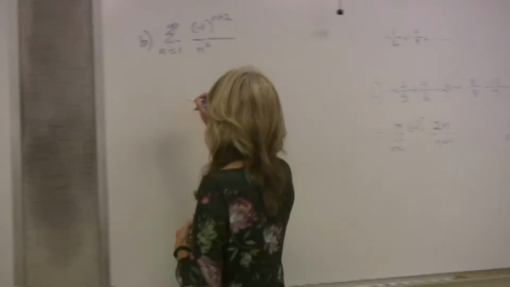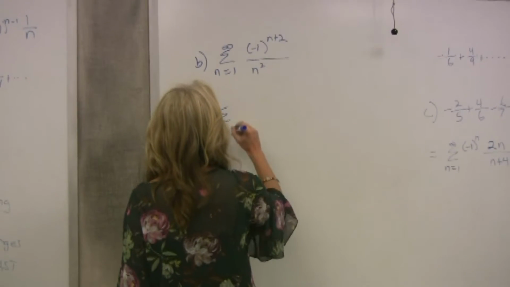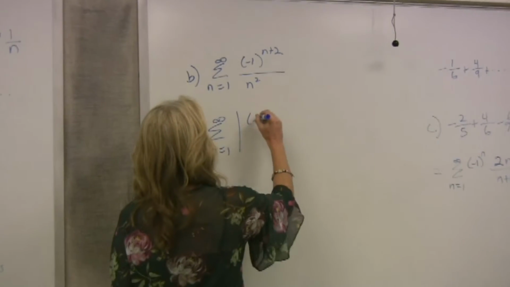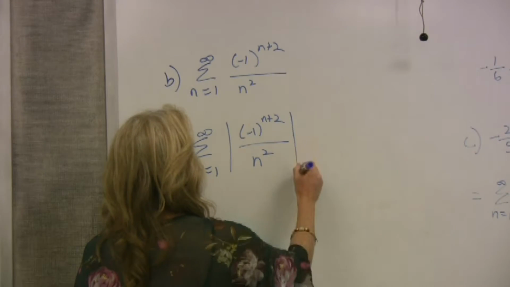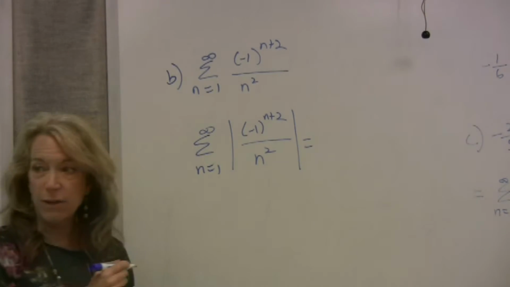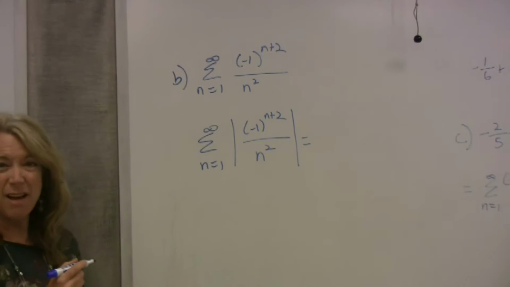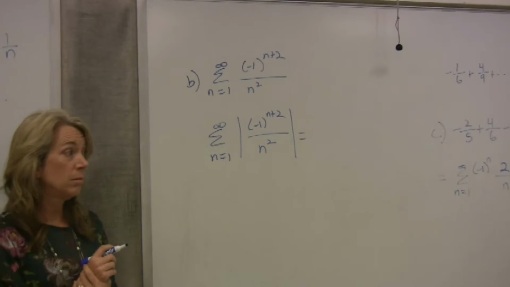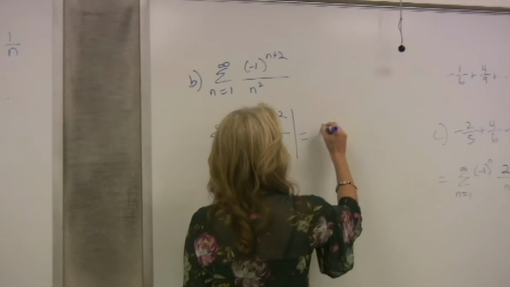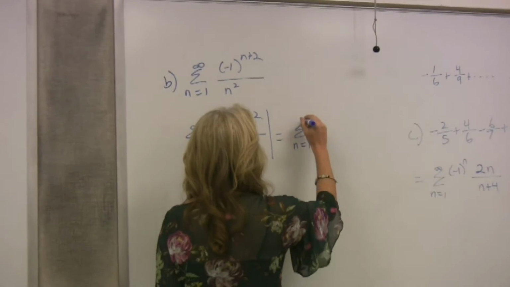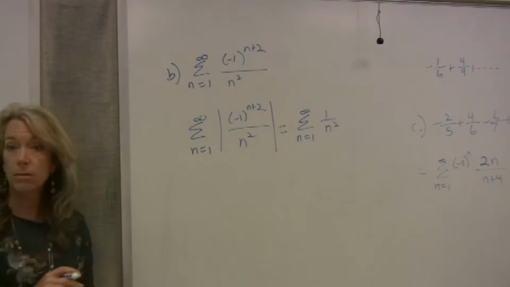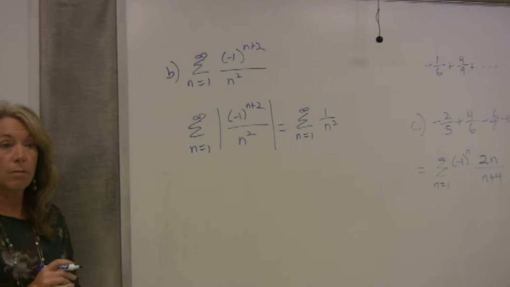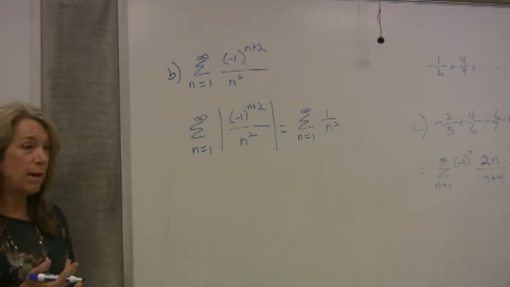So when I take the absolute values of this, we take the absolute value of each term, that just takes off the alternating part. So it gives me this series. This is where Carlos was saying, let's compare it to a p-series.